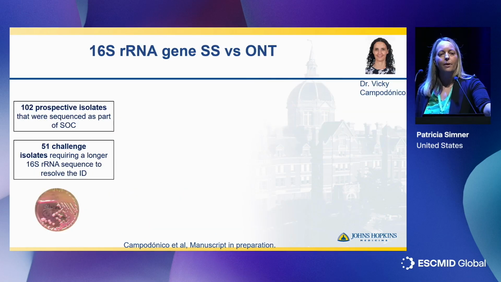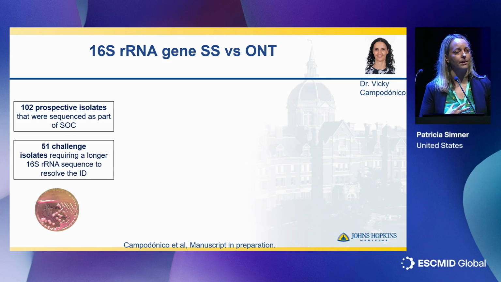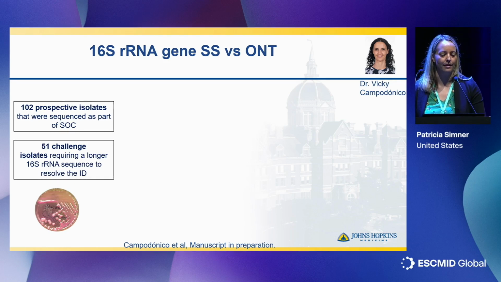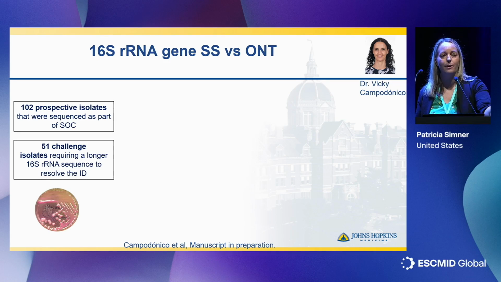So we were at a point where our Sanger sequencer in the clinical laboratory is towards its end of life, and we're wanting to replace our targeted sequencing on our Sanger sequencer with next-generation sequencing-based methods. So we decided to evaluate the Oxford Nanopore 16S rRNA sequencing kit as a replacement for our 16S Sanger sequencing for bacterial identification.